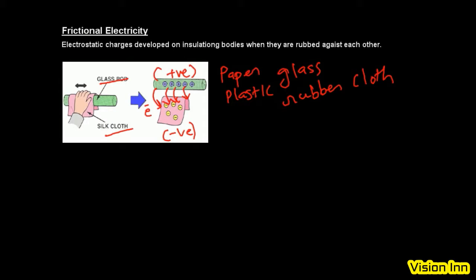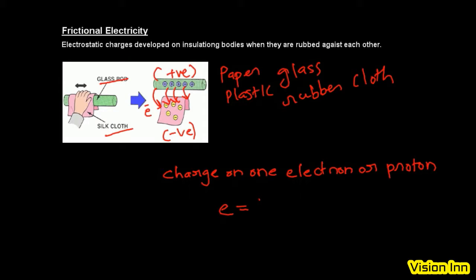So the charge on one electron or proton is given by e equal to plus or minus 1.6 into 10 raised to minus 19 coulomb.